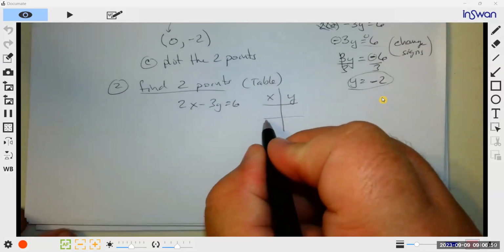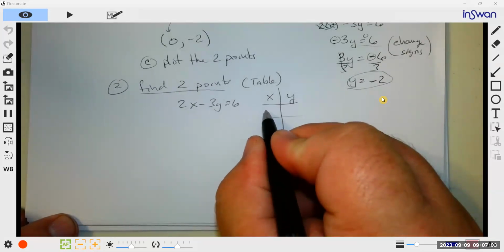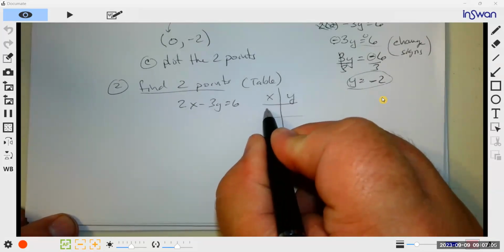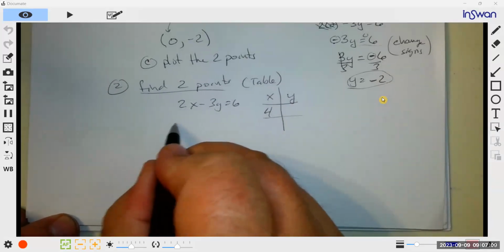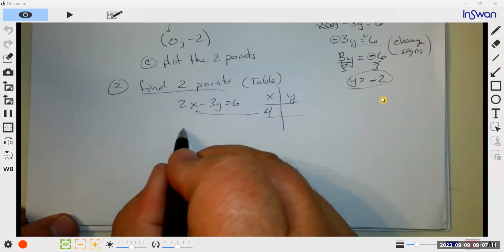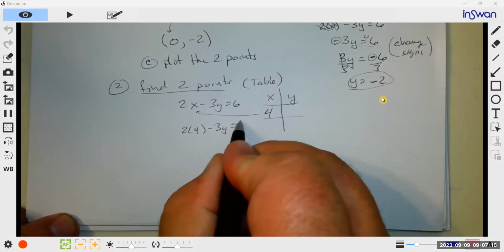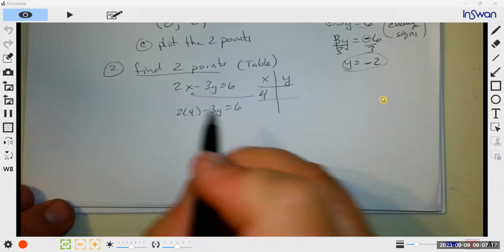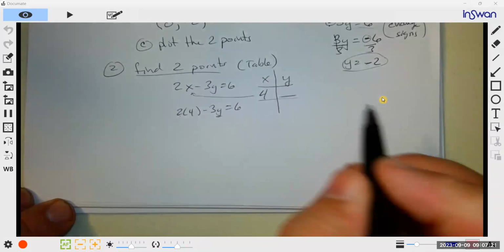So pick a value for x. Let's say 4. Plug 4 in there. Now we're going to solve for y.